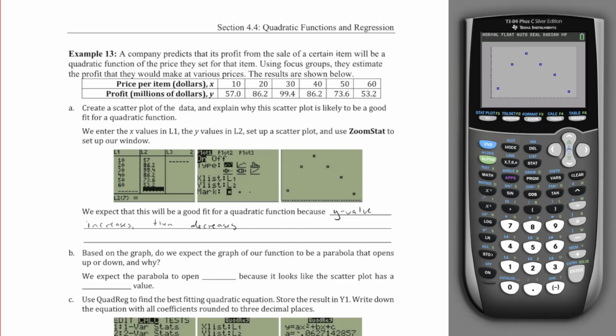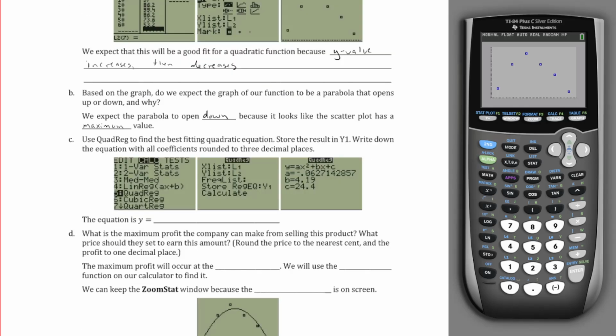If we get a parabola of best fit, it's going to be a parabola that opens down, because it looks like our scatter plot has a maximum value. This is a good reality check, just so we'll notice if something weird is happening.